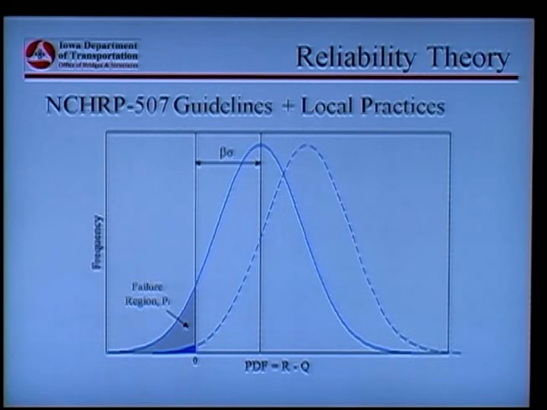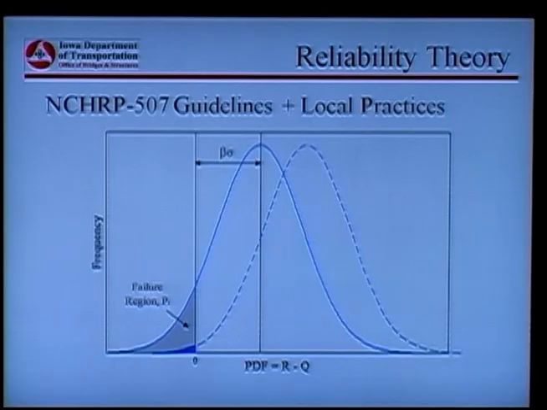All right? So that distance can be described by two main parameters. One is beta, which is defined as the reliability index. And the second parameter is the standard deviation of the distribution.